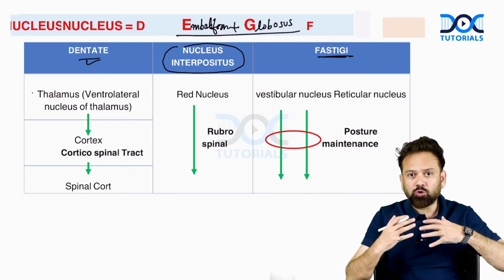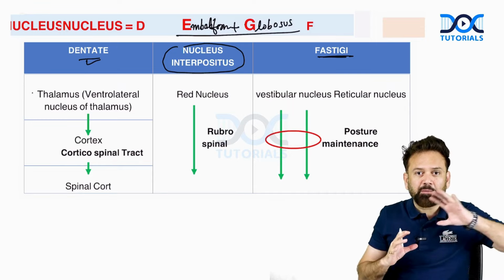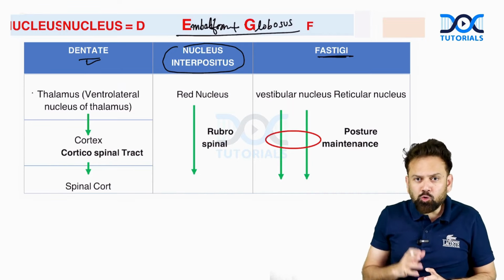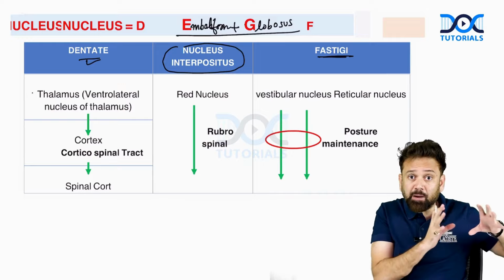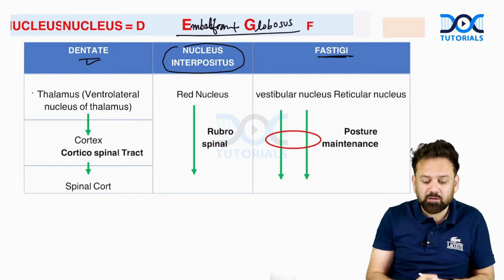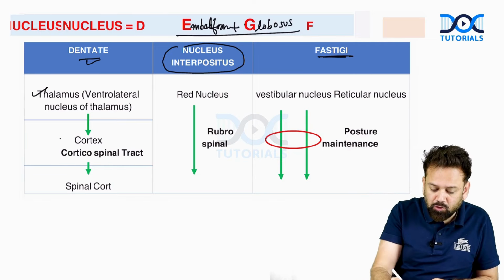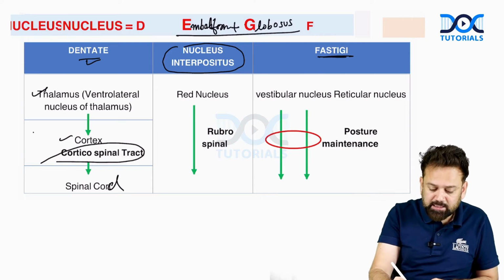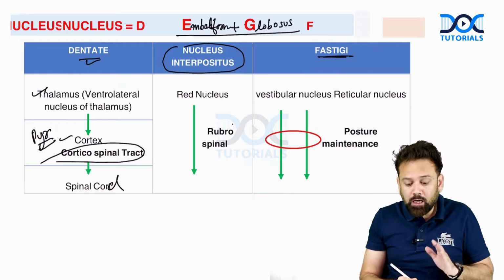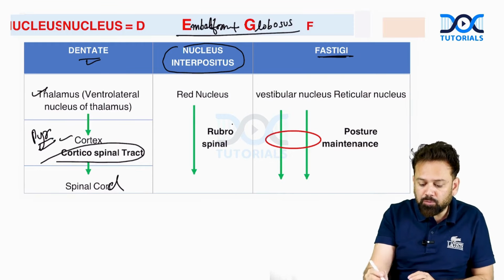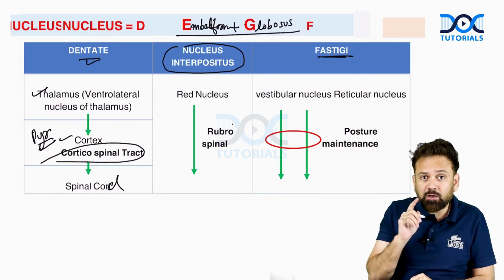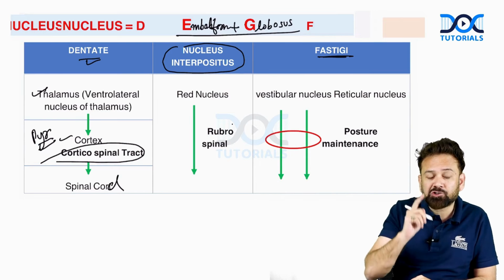Now, I am going to connect the cerebellum with the pyramidal and extrapyramidal systems. So, which nucleus of the cerebellum will control the pyramidal tract? Dentate, the teeth one. Dentate will control from the thalamus to the corticospinal tract. Or you can say pyramidal tracts are controlled by which nucleus? Dentate. Now, emboliform and globosus will combine together to form the nucleus interpositus, and this will control the most important extrapyramidal tract.